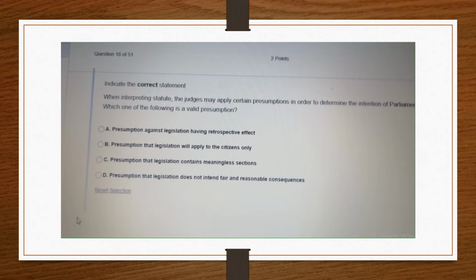Alright, indicate the correct statement. When interpreting statute, the judges may apply certain presumptions in order to determine the intention of Parliament. Which one of the following is a valid presumption? Let's find this on page 46.